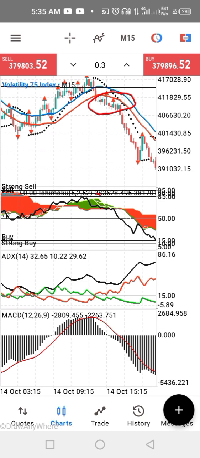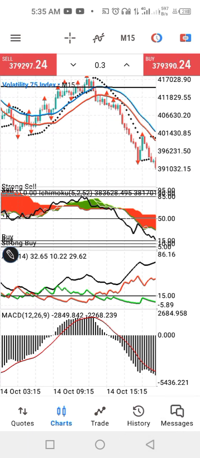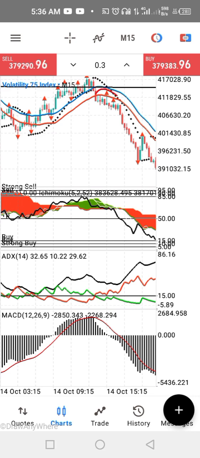Can you see? It has already given us a signal that it is about to sell. The sell process is initiating. You patiently wait for the price to close below the 20 moving average.